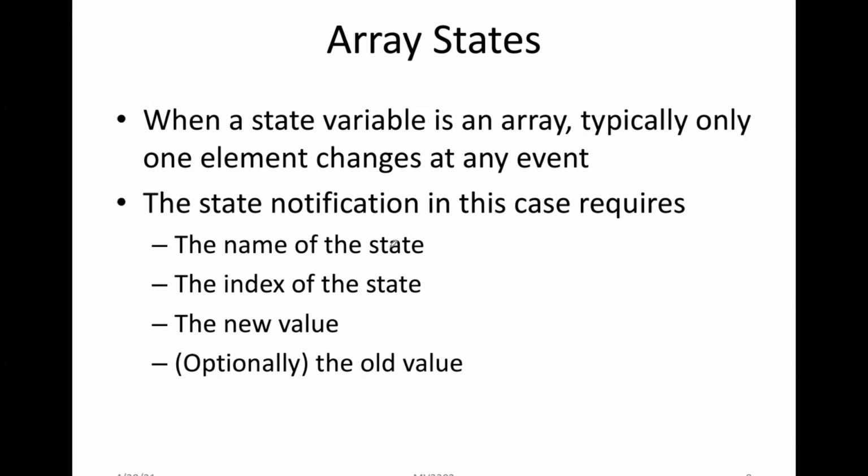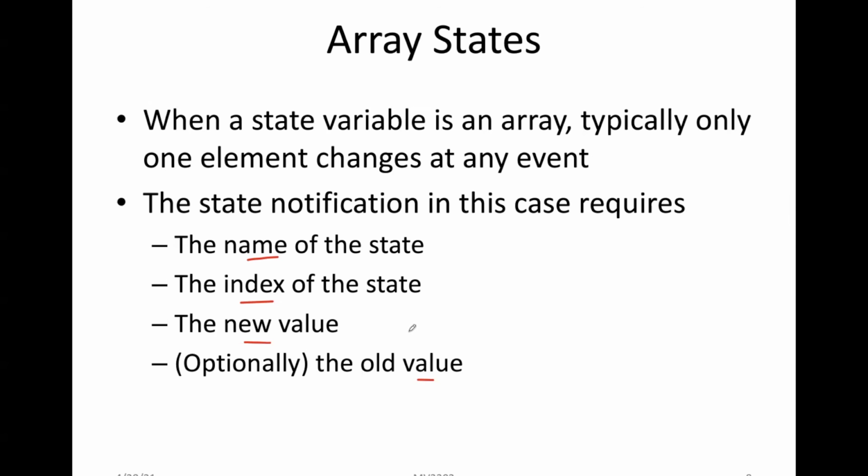And so the state notification, or the property change listener, is, as we've seen, something called an index property change listener. What is required is the name of the state still, but now the index of the state that's changed, the new value, and then optionally the old value.